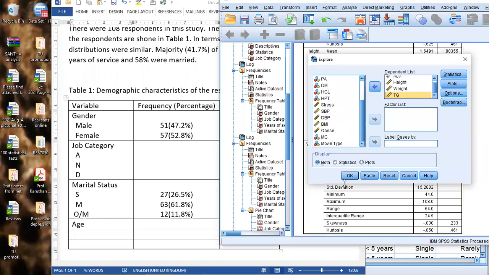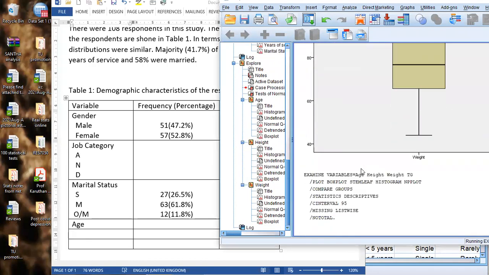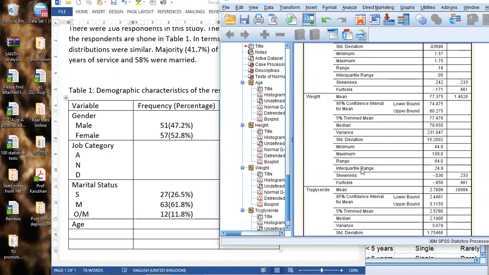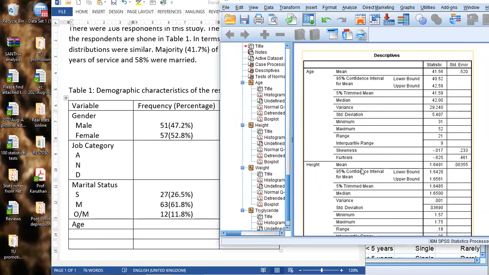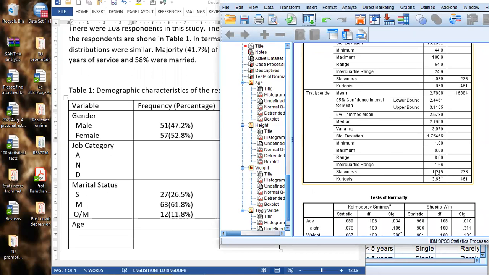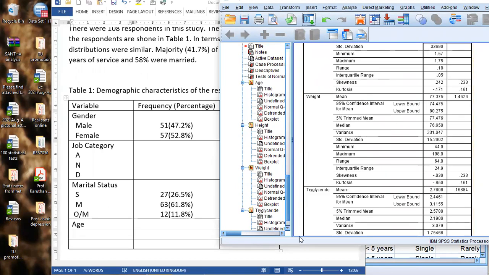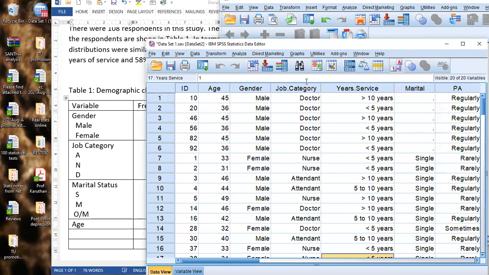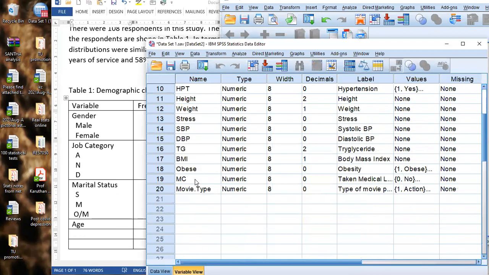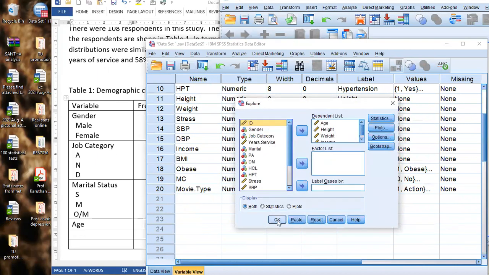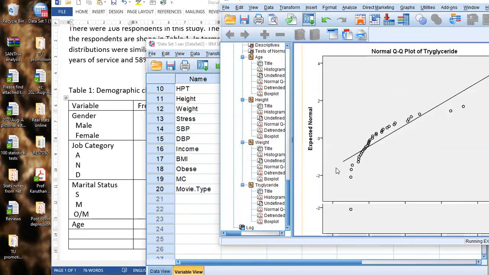Just an example. Triglyceride, TG: is it symmetrical? No. So triglyceride, let me change to income, since that is a demographic, for income in whatever units.